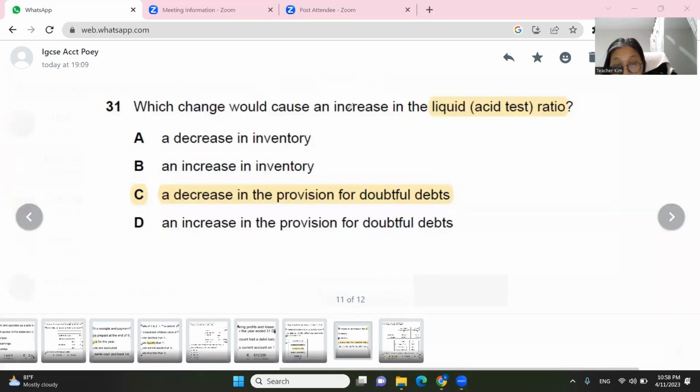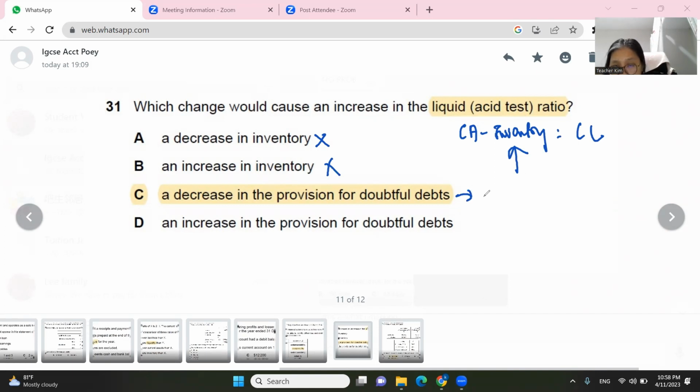Which change would cause an increase in the liquid assets? Liquid assets are the current assets minus inventory, compared to the current liabilities. Basically you don't include the inventory in your calculation, so inventory is out. Now here, a decrease in the provision for doubtful debts.